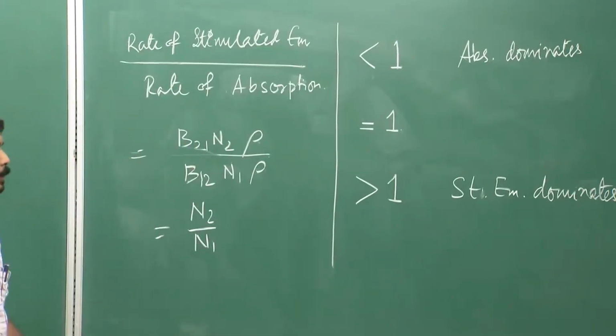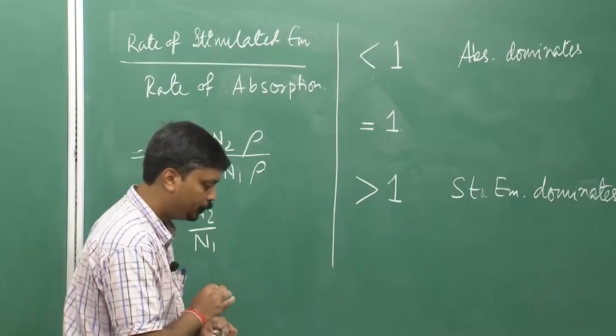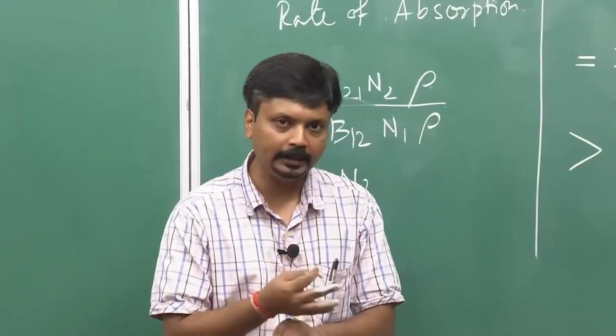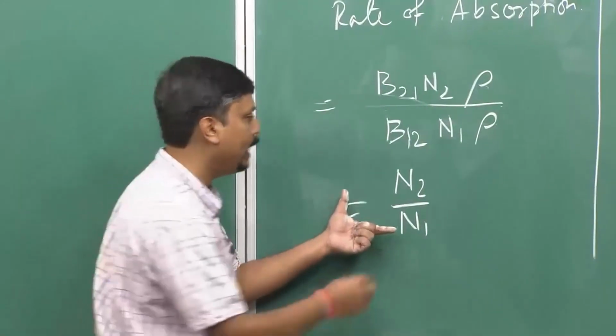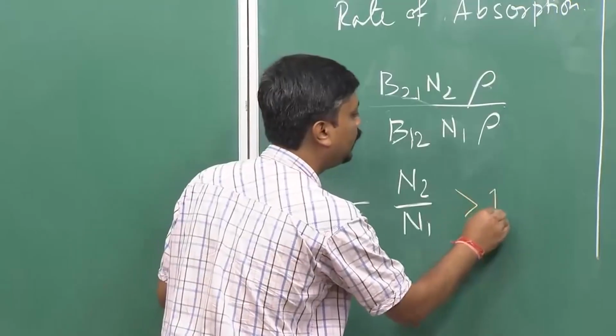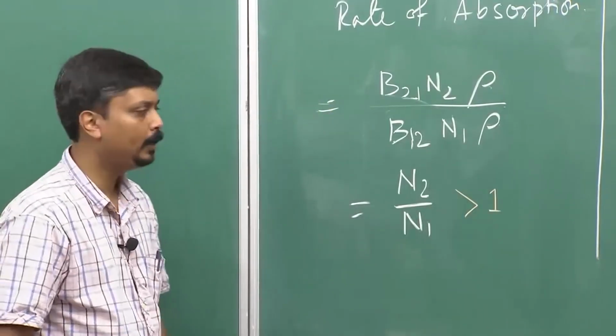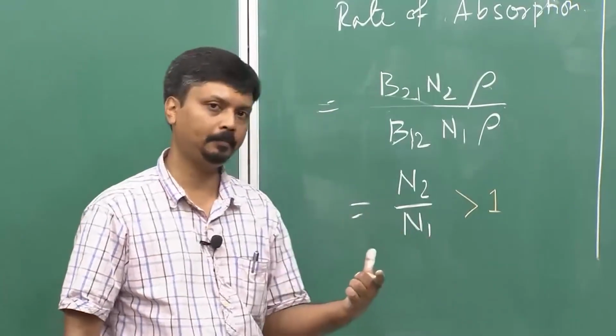So, suppose for the time being, let us assume that I can achieve this condition, that is N2 by N1 greater than 1. Okay. So, at this condition, what do I see?